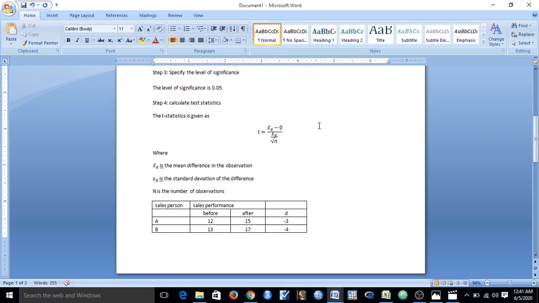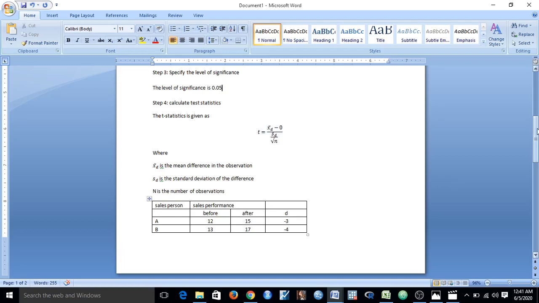The test statistic for a paired sample test is given as d bar minus 0 all over sd over square root of n, where d bar is the mean difference in observations, sd is the standard deviation of the differences and n is the number of observations. This denominator, sd over square root of n, is the standard error.